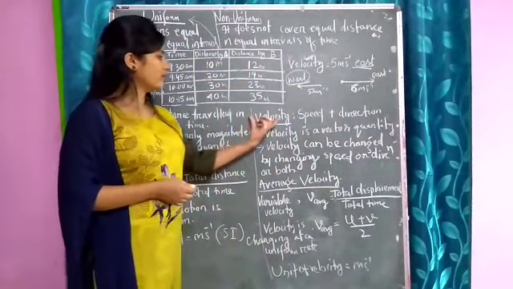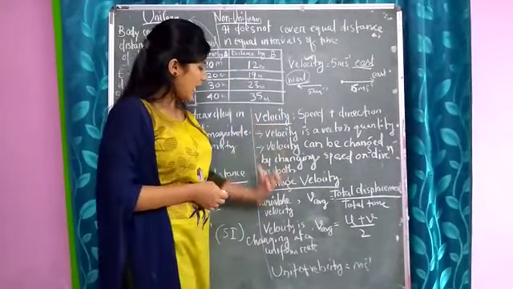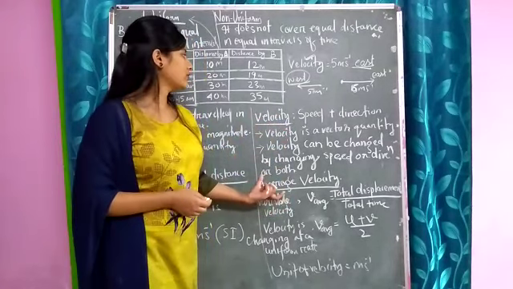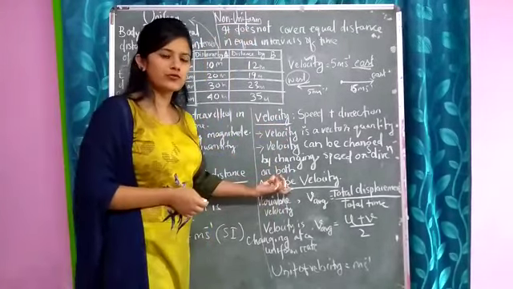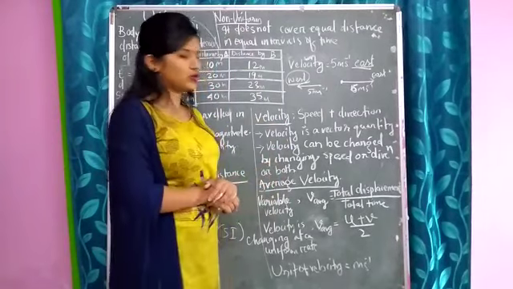So again we have to define the average velocity case. Whenever we have a non-uniform case, we will again have the average velocity.